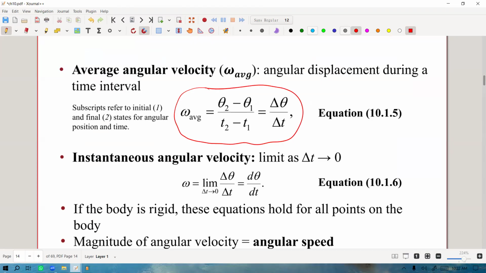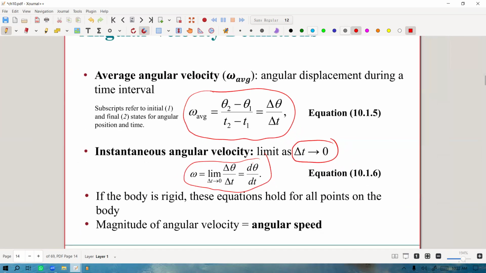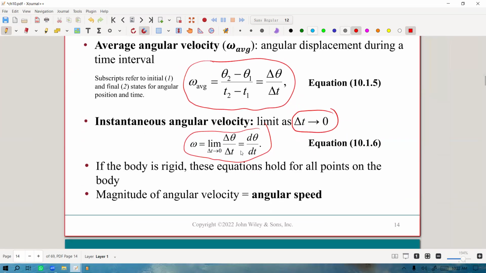For instantaneous angular velocity, we take the limit as delta t goes to zero from the omega average. So the limit as delta t goes to zero of delta theta per delta t equals d theta dt. So we use the derivative of the angle.